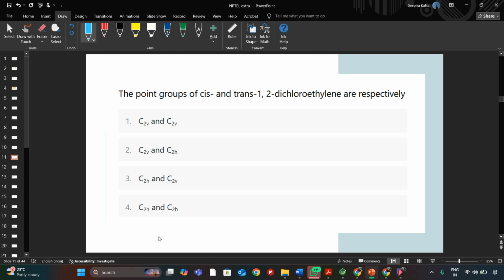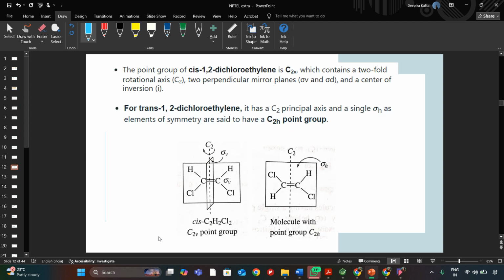Next, we have another question from the symmetry elements. The point groups of cis and trans 1,2-dichloroethylene are respectively. Let us draw cis and trans 1,2-dichloroethylene and we will try to solve this question.